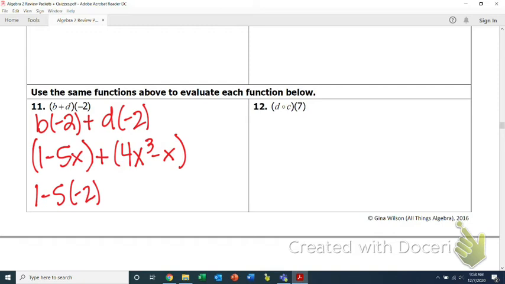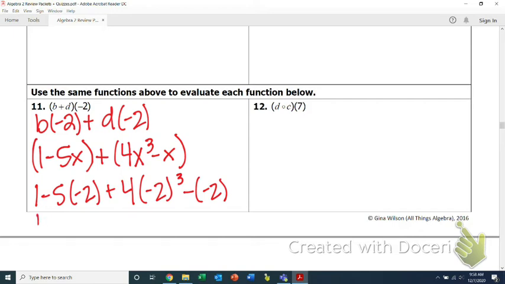plus 4 times (negative 2) cubed minus (negative 2). Now you have to be careful here because you must use the parentheses. If you don't use the parentheses, it's not going to work.